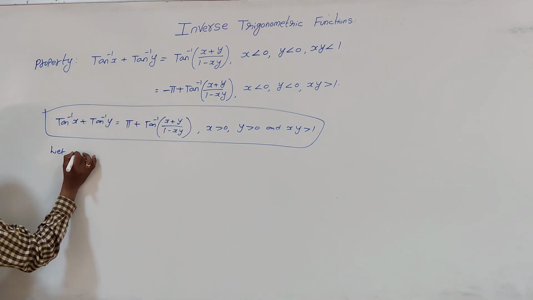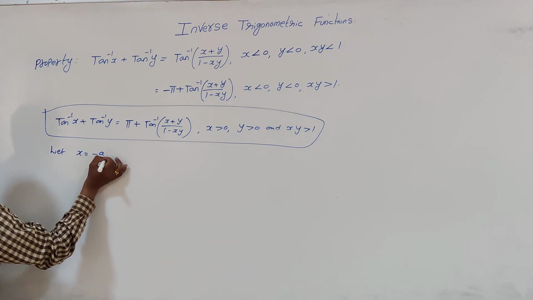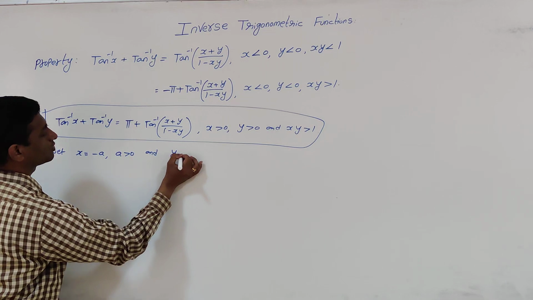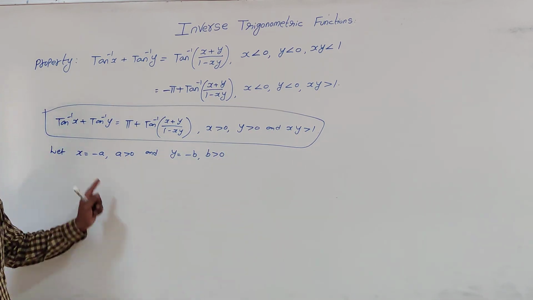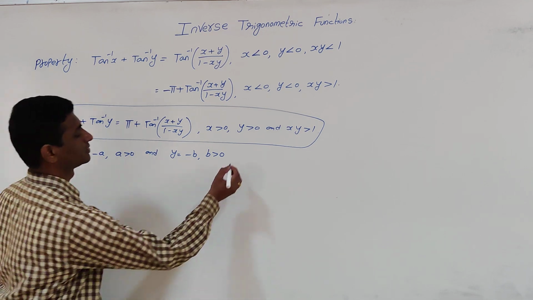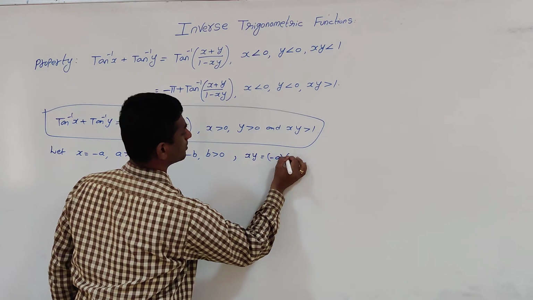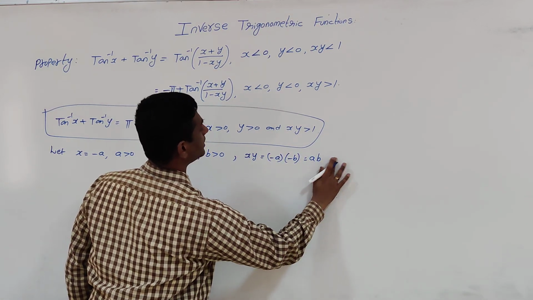Let x is equal to minus a, where a is greater than 0, and y is equal to minus b, where b is greater than 0. And what is the product x into y? xy is equal to minus a into minus b, which is ab, greater than 1.